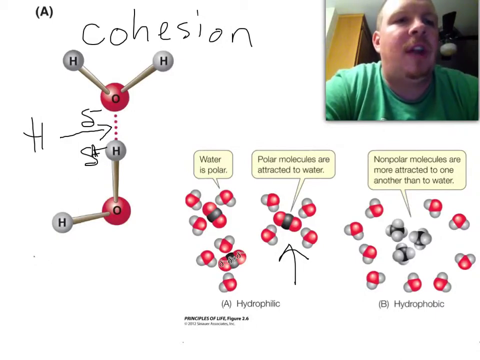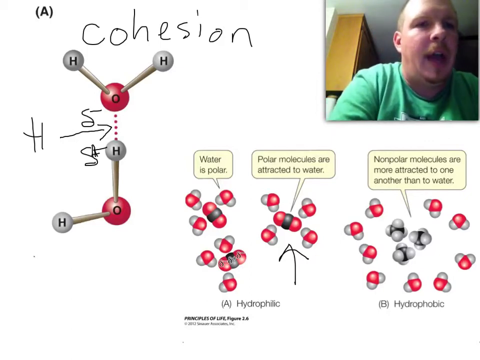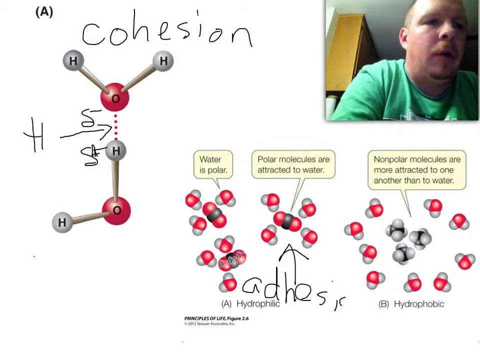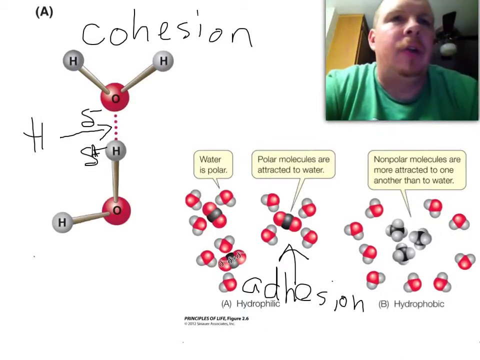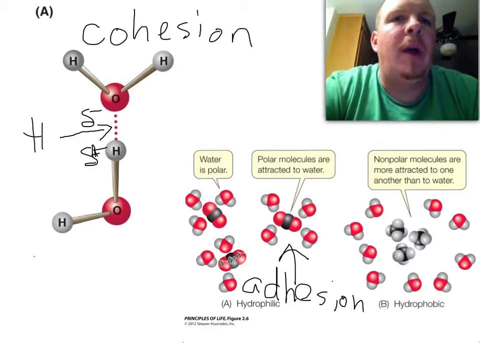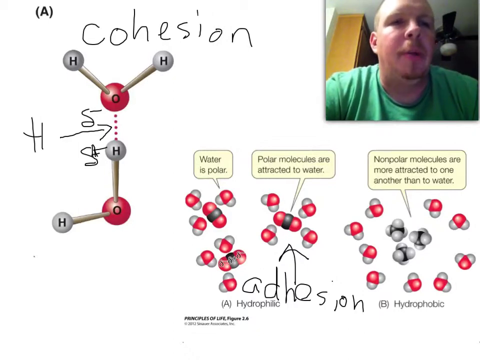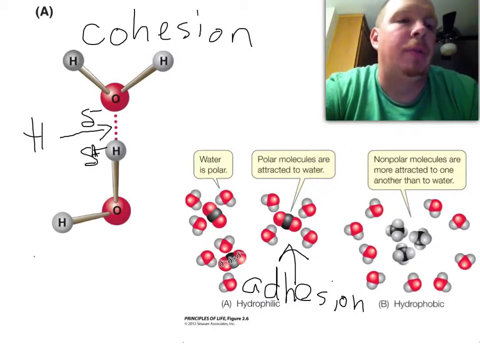When it sticks to something else, that is called adhesion. A-D-H-E-S-I-O-N. Adhesion. So cohesion is when it sticks to itself, and adhesion is when it sticks to another molecule. That's going to become important in a minute when we talk about water movement in plants and then transpiration.